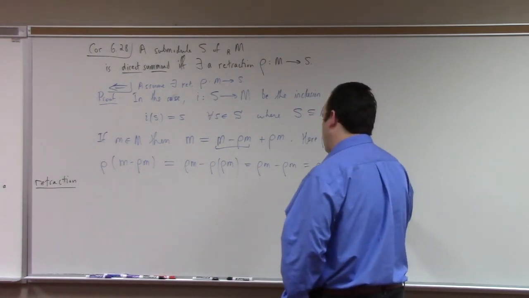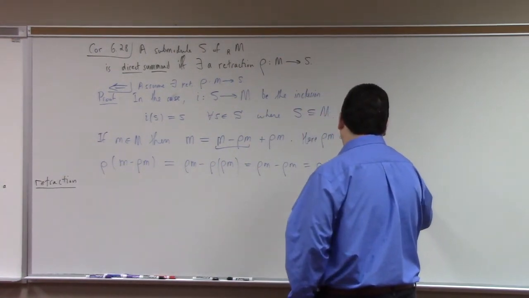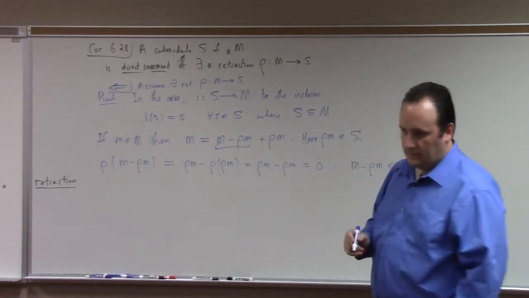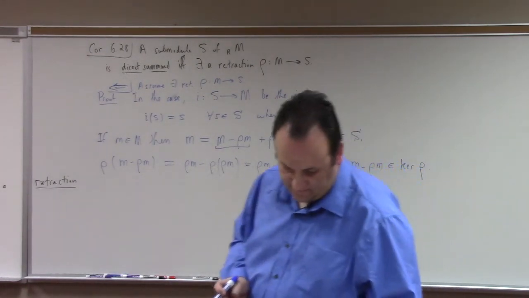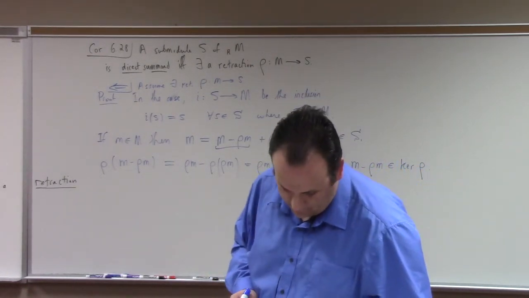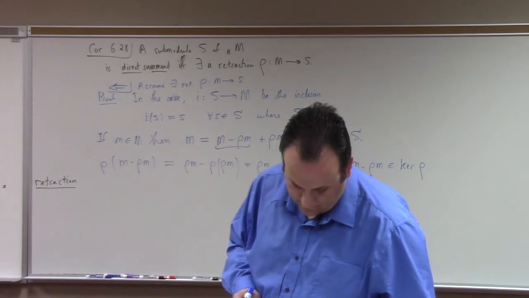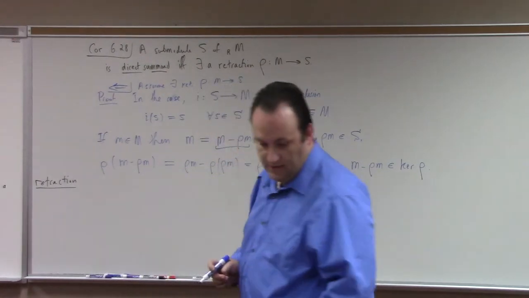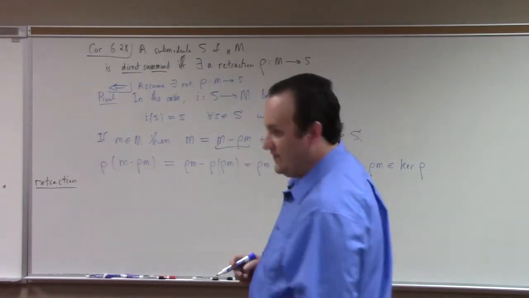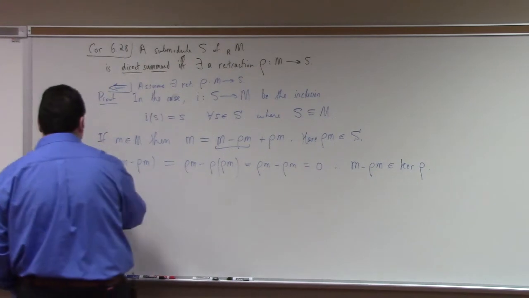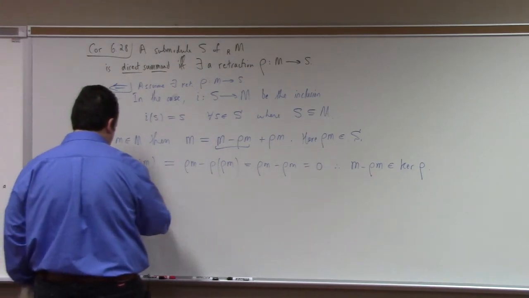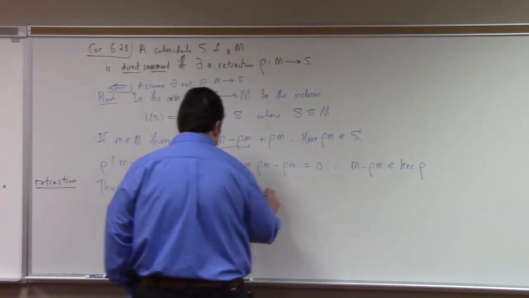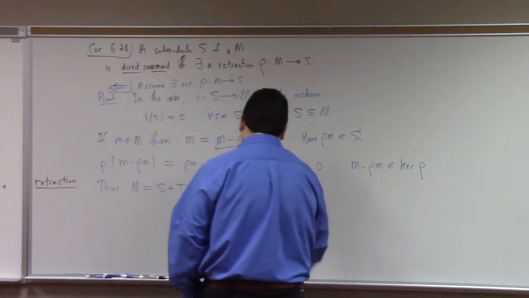Therefore, m minus rho m is in the kernel of rho. And what's that tell us? He says, thus, M is S plus T, where he's defining T to be the kernel of rho.